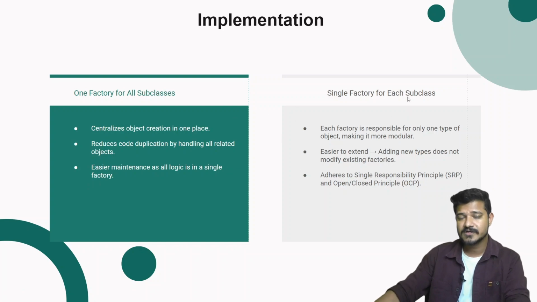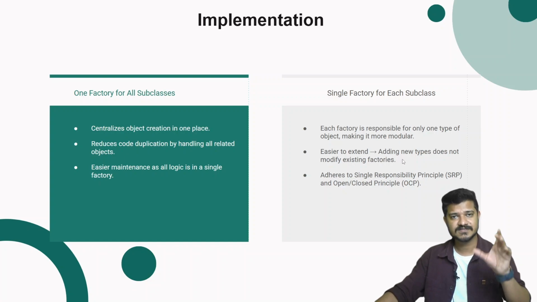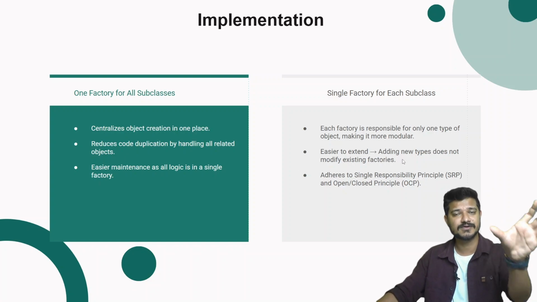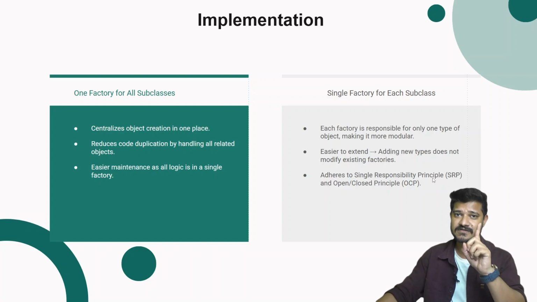Now, the benefit of creating multiple factories for multiple subclasses is that each factory is responsible for only one type of object, making it more modular, right? And easier to extend because all you have to do is just create a new object and create a new factory. And clearly it supports the single responsibility principle because each class has a single responsibility.